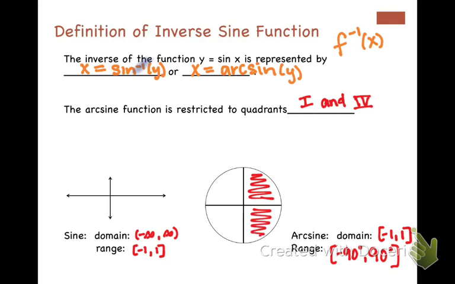Okay, sine, I can do any angle I want. I can do a whole bunch of revolutions. But arc sine is going to be stuck between angles at -90 up to +90, and that's it. Okay, so it's because the inverse has to pass that one-to-one function test, that horizontal line test. So we restrict it.